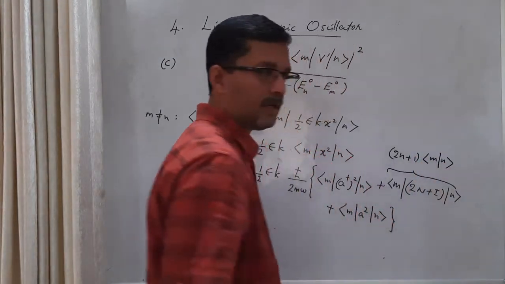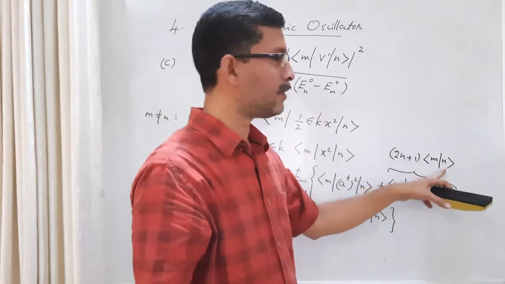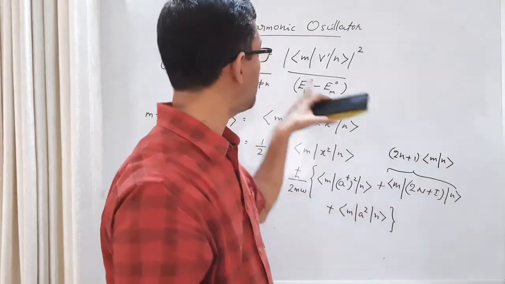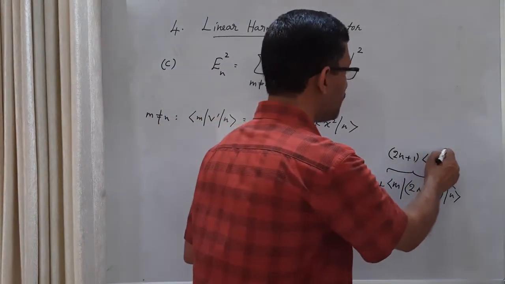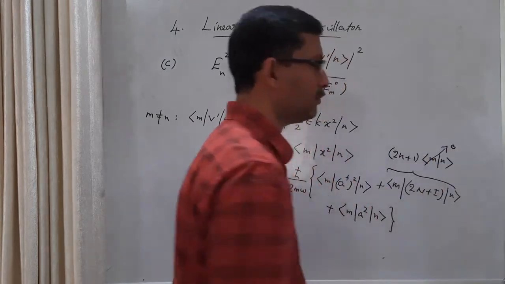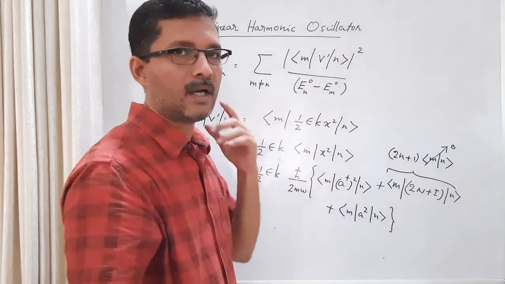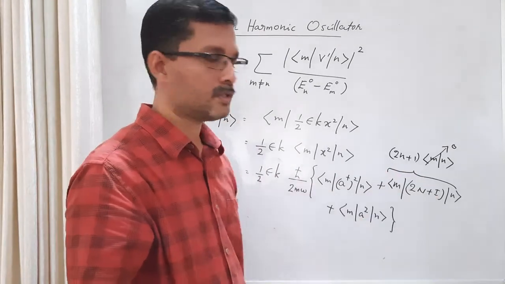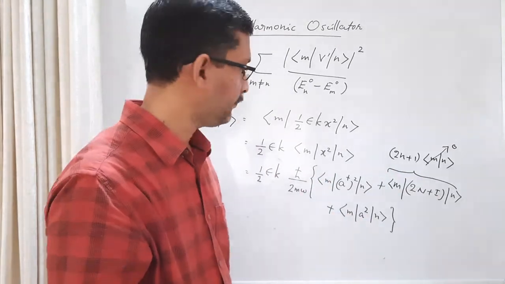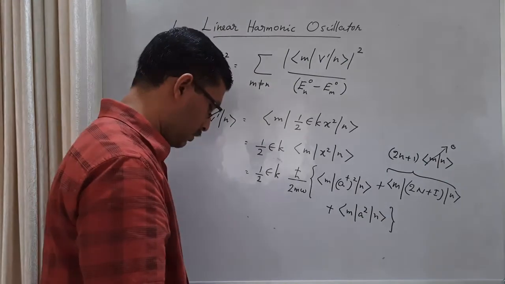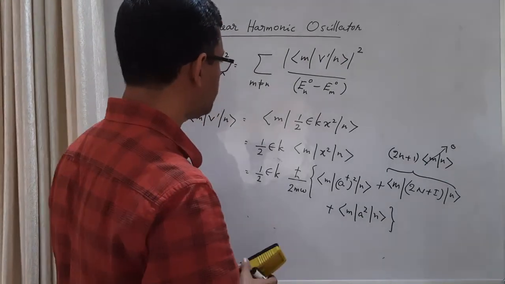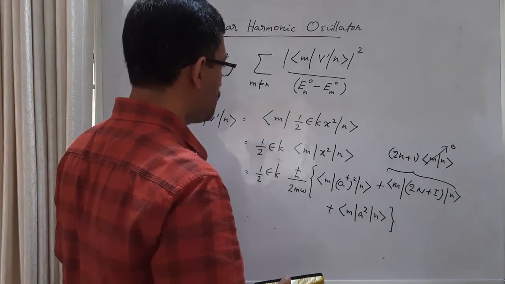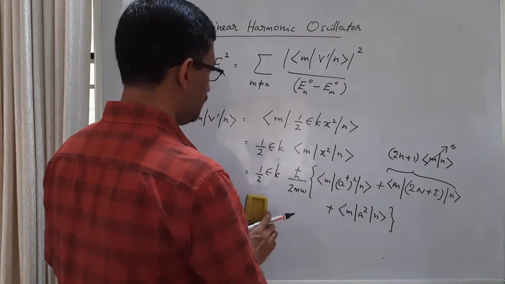But remember, m is different from n in this summation. So if m is different from n, this inner product should go to 0. So unlike in the previous calculation in part B, here this term will go to 0. These two terms will be non-zero. So let us look at the non-zero terms more closely and see what we obtain.